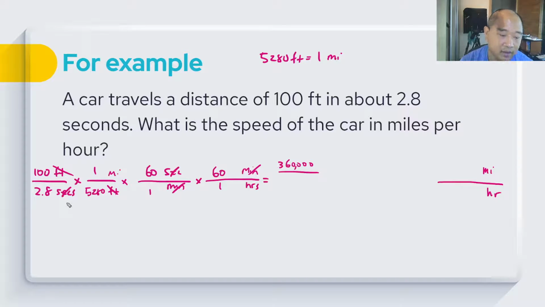And then, all right, 5280 times 2.8 equals 14,784.